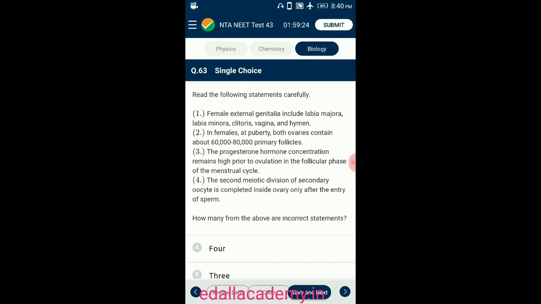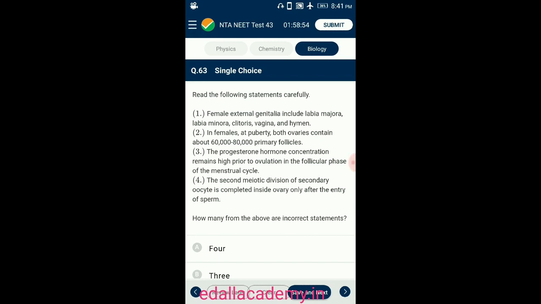Question number 63. Read the following statements carefully. From that, how many statements are incorrectly given? Female external genitalia include the mons pubis, labia majora, labia minora, clitoris, and hymen. At puberty, each ovary contains 60,000 to 80,000 primary follicles.